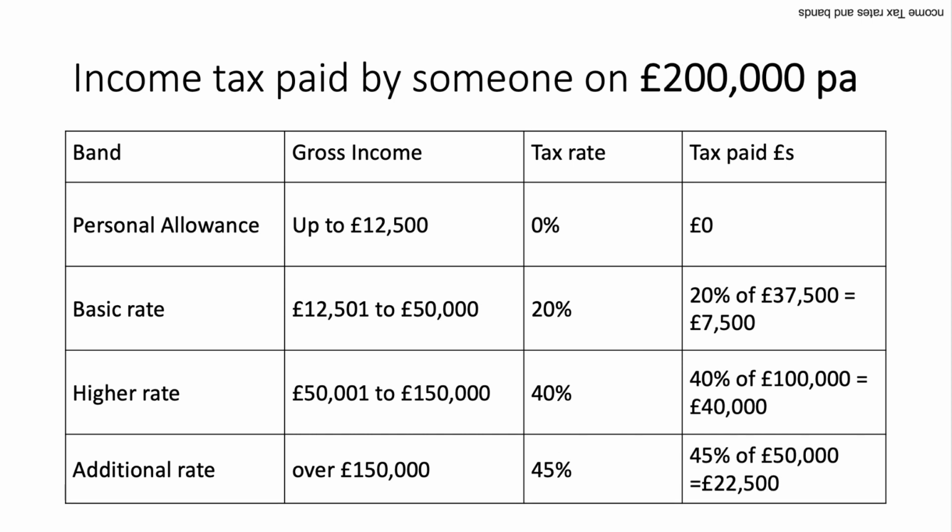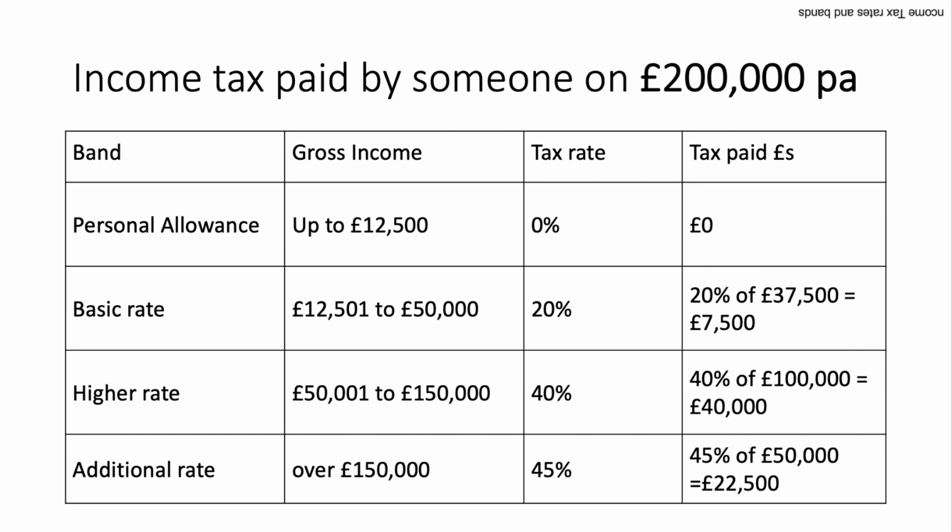And finally, let's look at somebody earning a lot of money, £4,000 a week, £200,000 a year. Again, no tax on the first £12,500, although in fact they would lose that allowance technically. But for the purpose of this video, they don't pay tax on the first £12,500. Then they pay £37,500 at 20%.